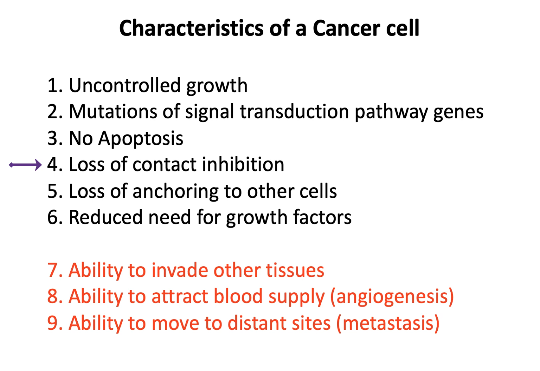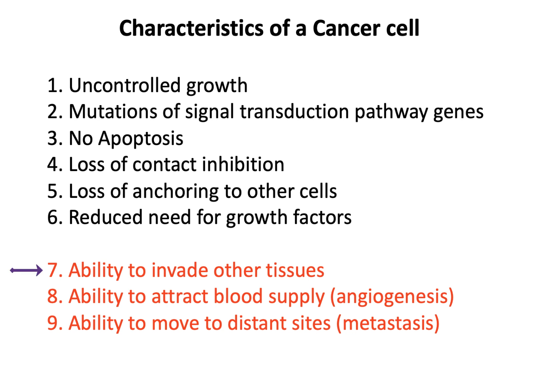And then there's loss of contact inhibition. It has no sensing of cells around it, loss of anchoring to other cells, so it starts moving around, and reduced need for growth factors. That is, it'll grow whether the growth factors are around or not.